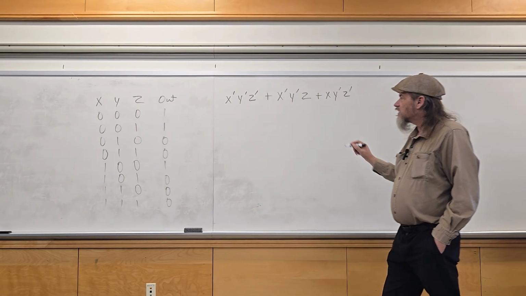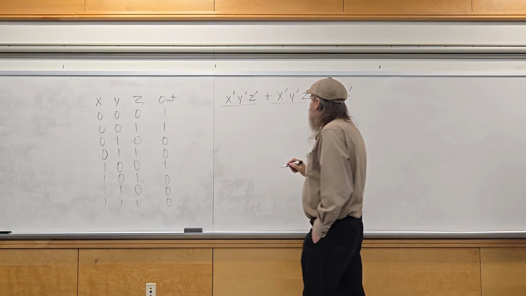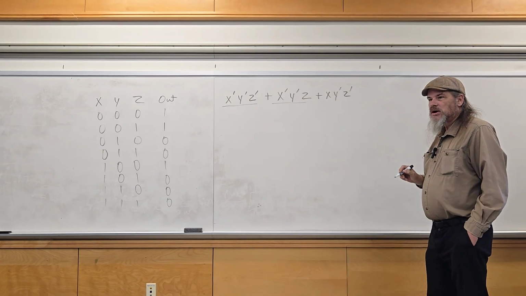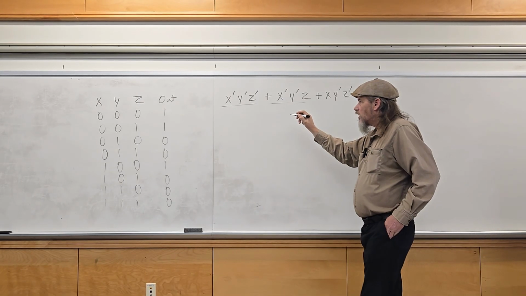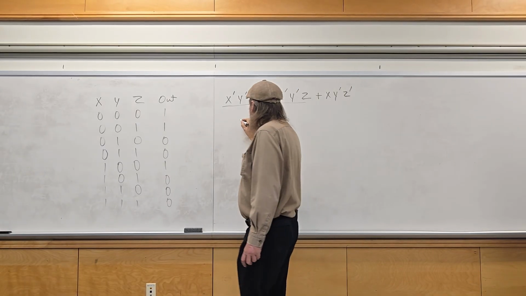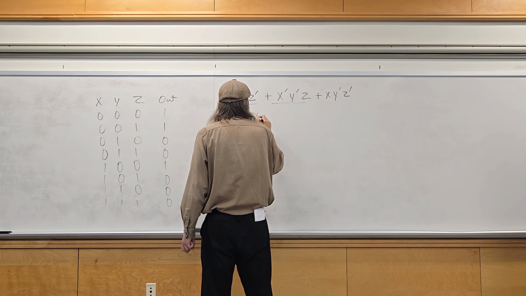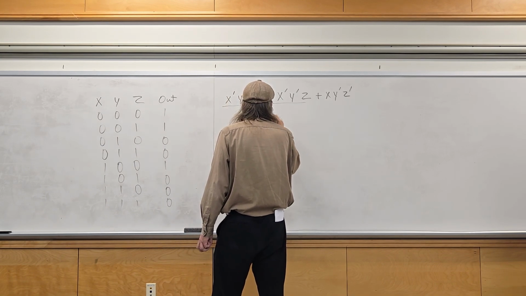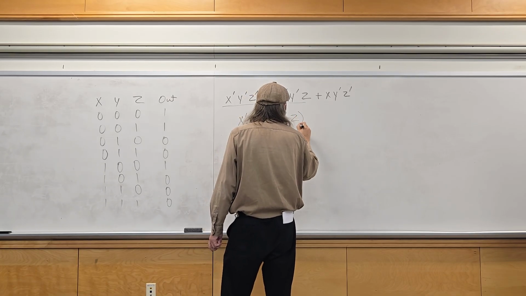What about these two factors here, these two terms here? Distribute out the x prime and y prime. So it would be x prime, y prime times z prime or z.